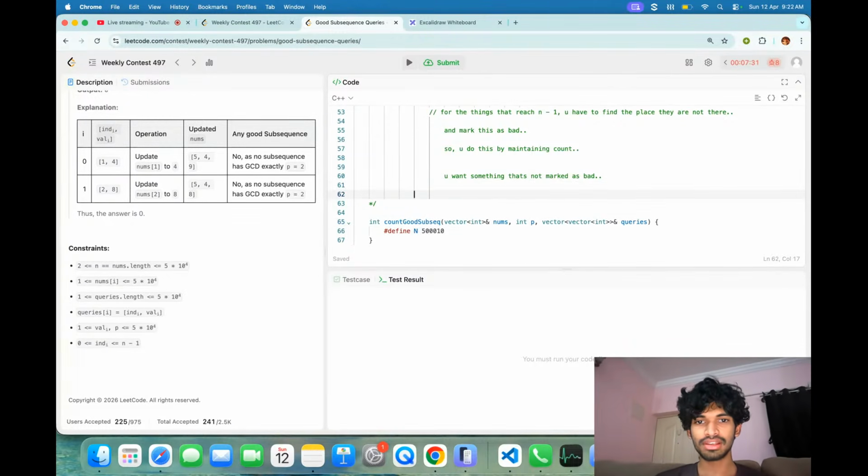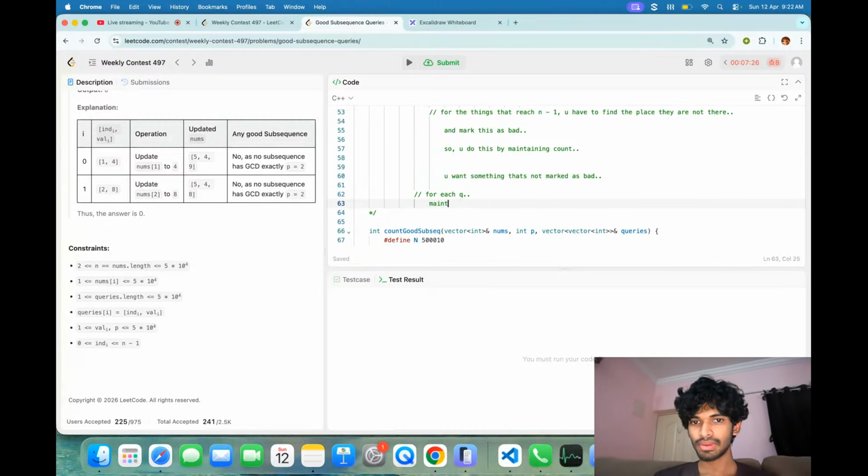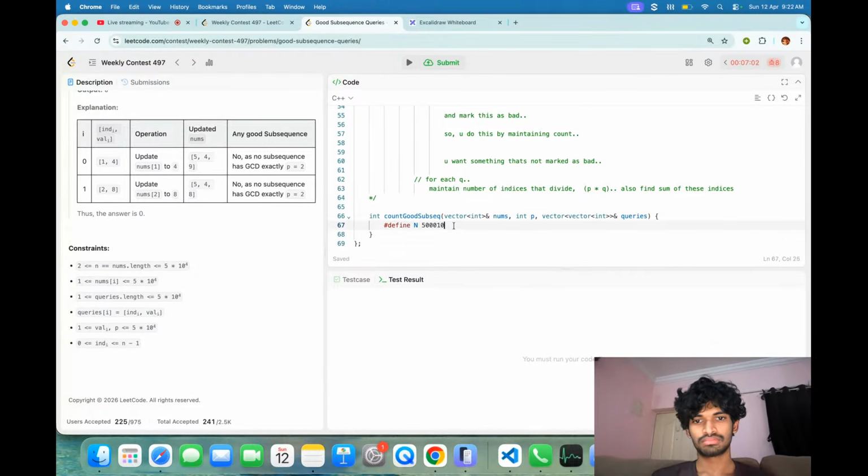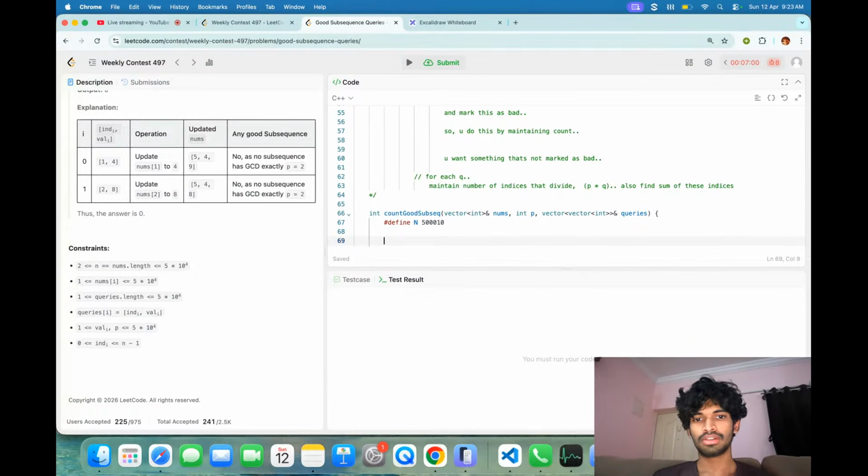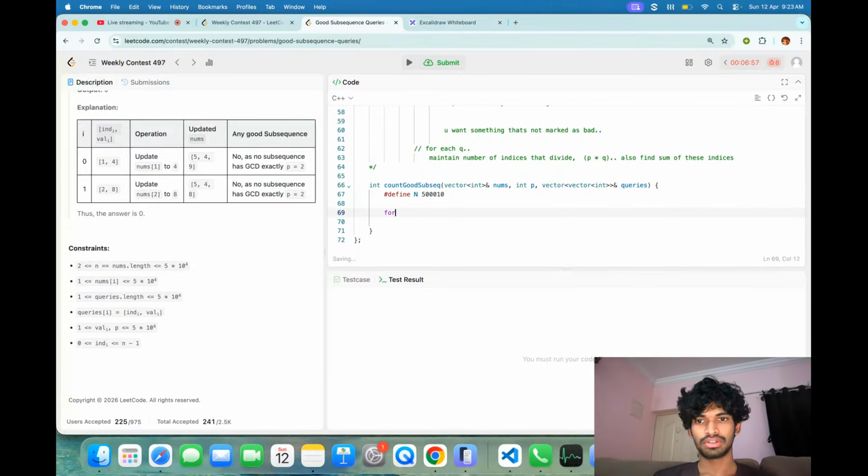See, what I'm doing is, for each divisor, for each queue, maintain the number of indices that divide p times q. Also find the sum of these indices. This is not difficult right now.